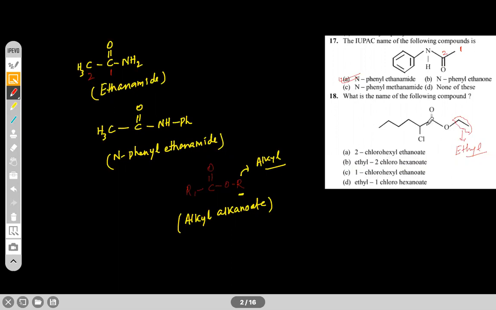We always start numbering from the carbon of the functional group, which is C double bond O here. So we start from here: 1, 2, 3, 4, 5, 6. At second position we have chloro. So the name of this part is 2-chlorohexanoate.